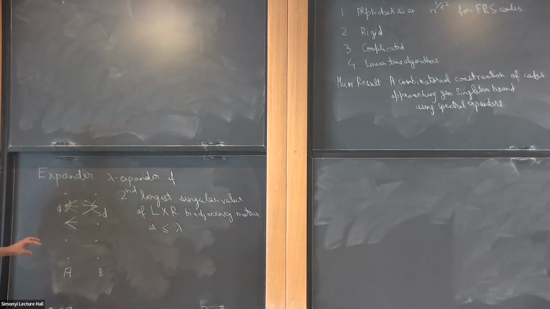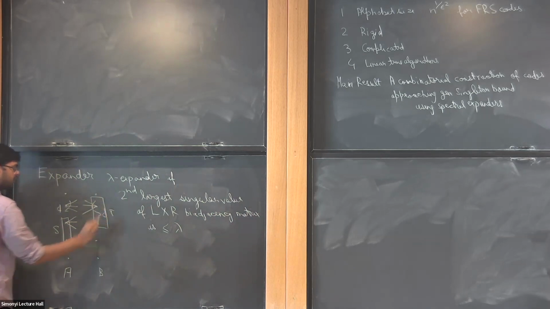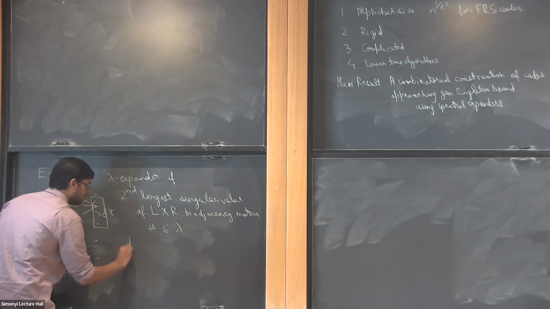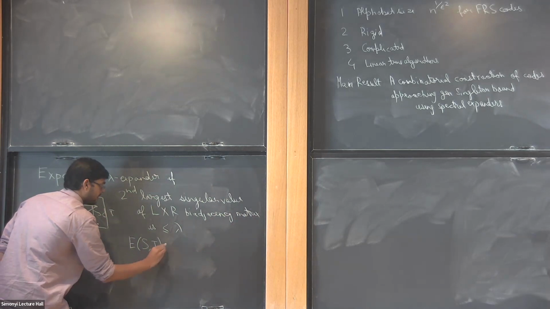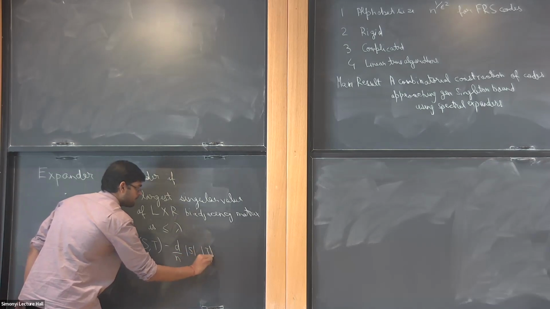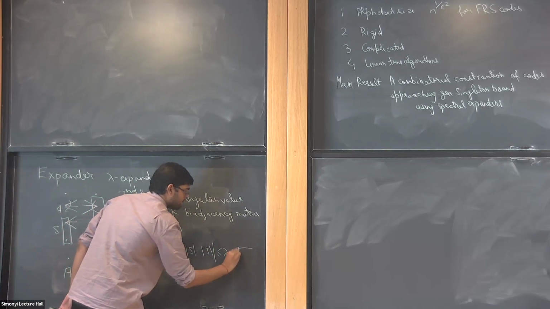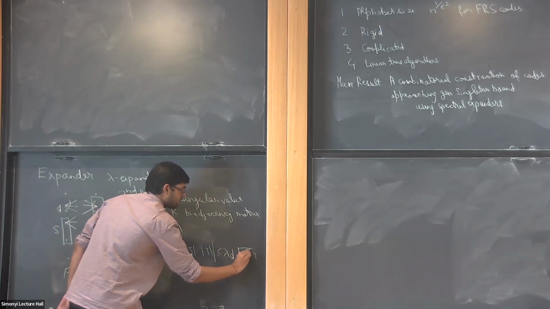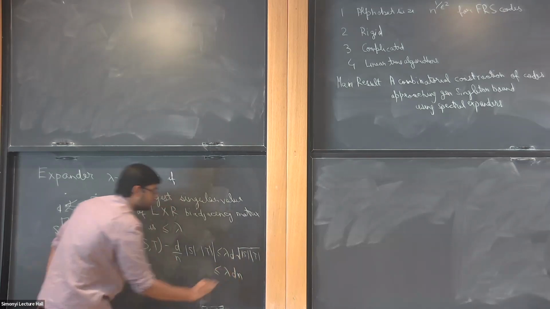And the main thing that we are going to use here is the expander mixing lemma, which is, let's say we have two sets here, S and T. In fact, we'll only be needing an upper bound on this. We'll only be needing the weaker variant.